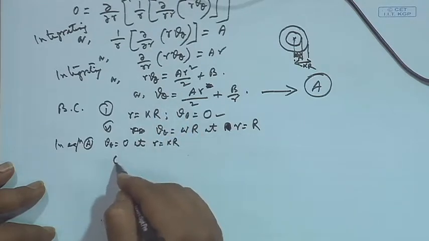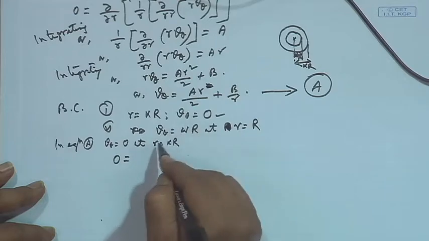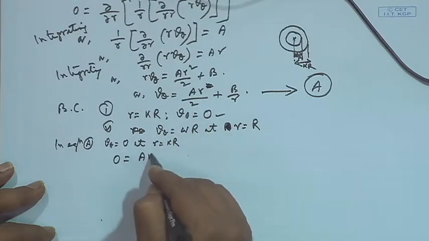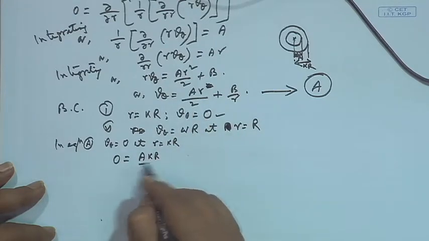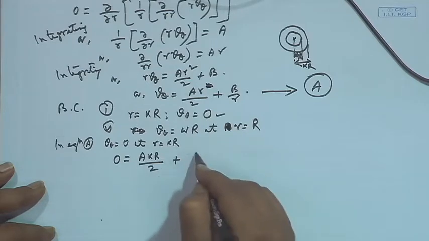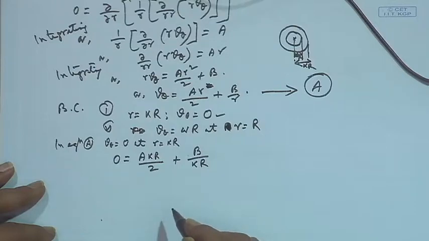So, v theta is 0, r is kR, so it is a kR by 2 plus b by kR.